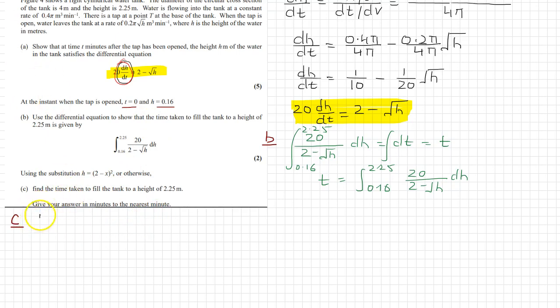So let's take h is equal to 2 minus x square. So this means dh is equal to 2 times 2 minus x and minus 1, that is the dh.